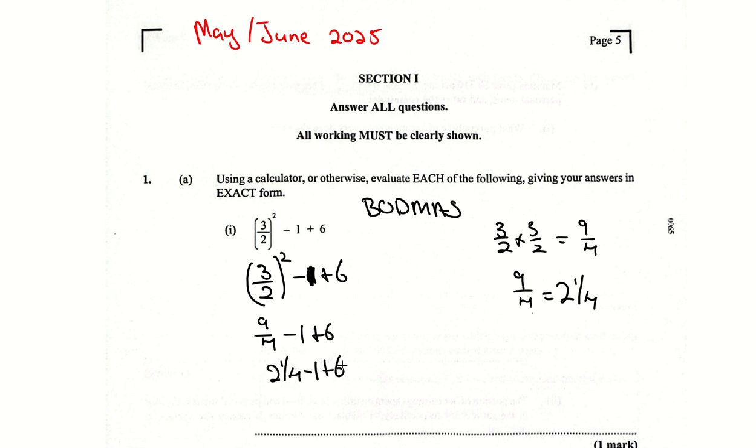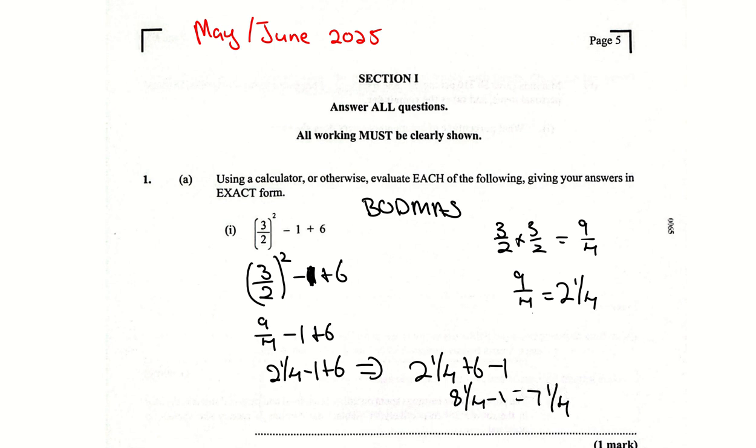Because this question has only addition and subtraction, I will rearrange it, putting the positive numbers first: 2 1/4 plus 6 minus 1. That would be 8 1/4 minus 1, which is 7 1/4.